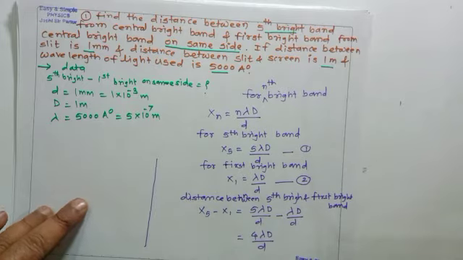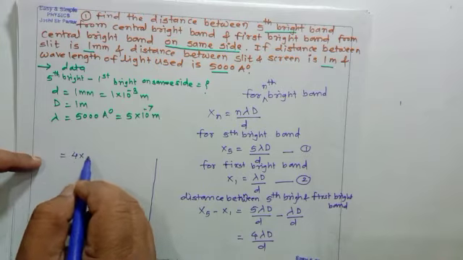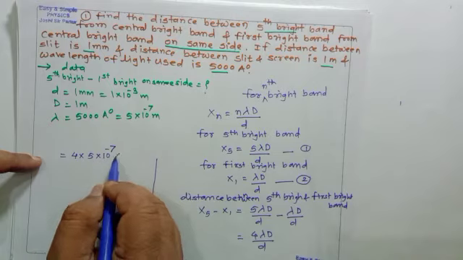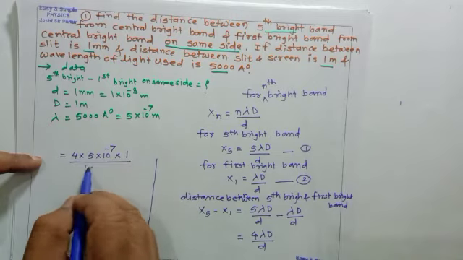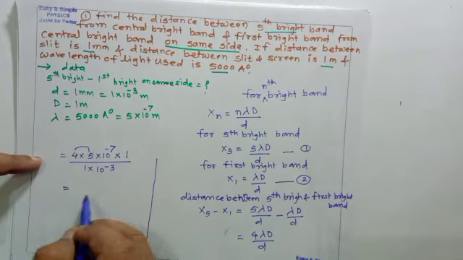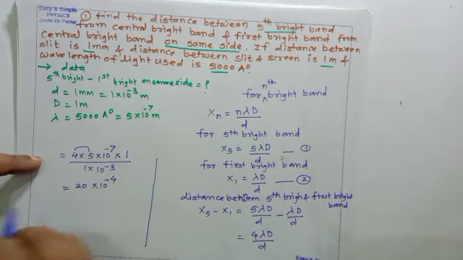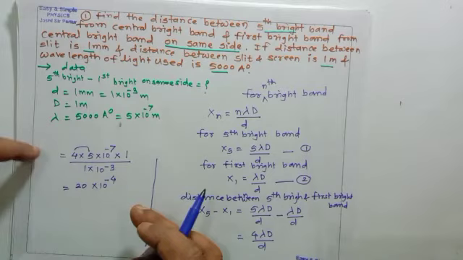If we substitute wavelength, it will be 4 multiplied by 5 into 10 to the power minus 7 multiplied by 1 divided by 1 into 10 to the power minus 3, it will be their product 20 into 10 to the power minus 4. Because minus 3 is in the denominator, so it is plus 3 and addition will be minus 4.